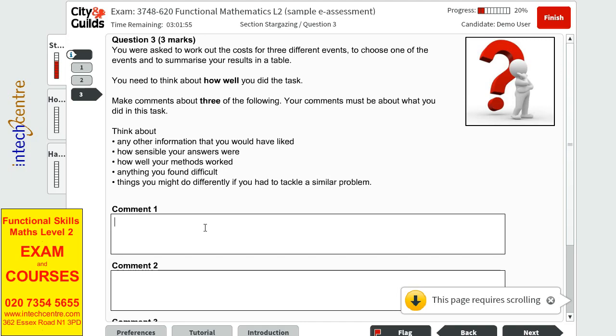I would suggest to start with whatever you feel more comfortable with. In our case, when they're asking how sensible your answers were, because we chose the cheapest, that's how you can explain in the first comment. And I will also give you examples for the other 2 that we'll be leaving out.